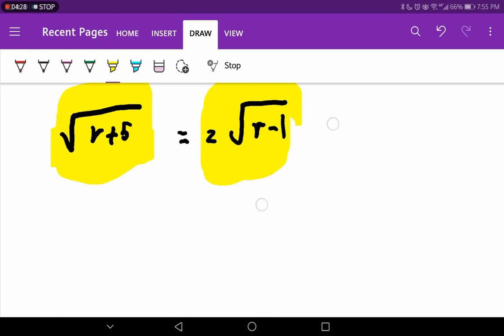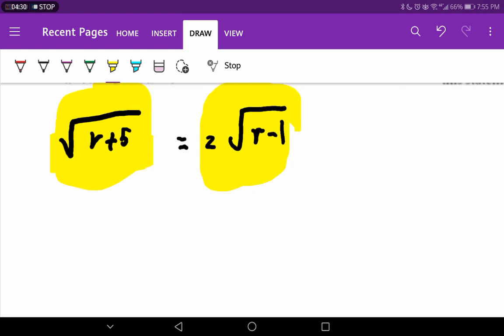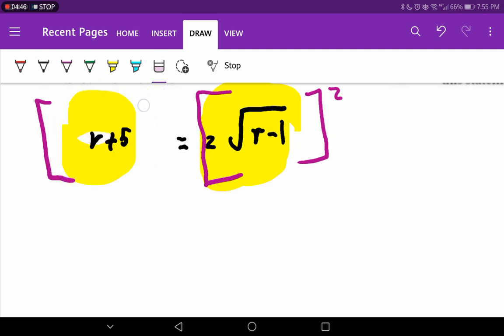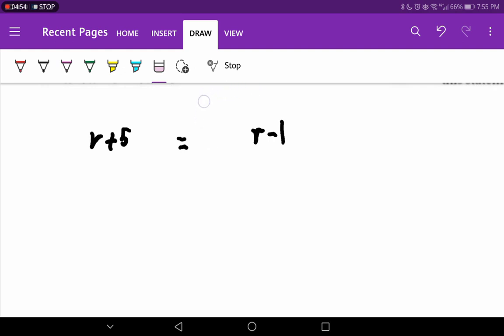I have to eliminate the radical by raising this to the power 2, and what you do on the left you do on the right. The square will destroy the radical, and here too, but don't forget to raise the 2, which will be 4.